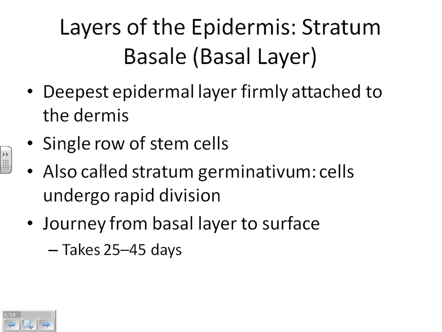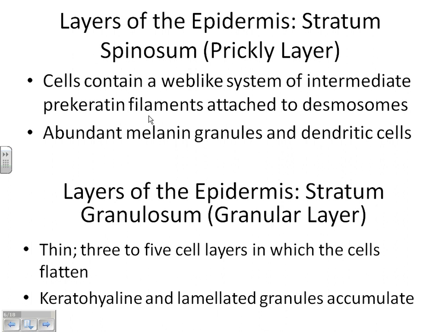So, all right. So moving up from the basal layer, and more superficial, the next layer we have is called the prickly layer, properly called the stratum spinosum. Okay? The stratum spinosum is called prickly because if you look at the cells under a high-power microscope, the cells kind of have like a, instead of being perfectly shaped, they kind of look like they have little spines sticking out of them.